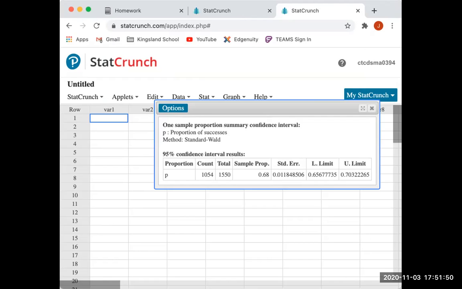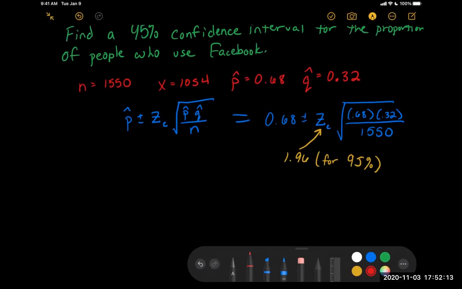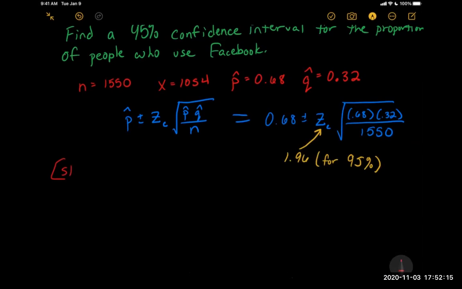L limit and U limit are the lower limit and the upper limit, meaning those are the two numbers that create our confidence interval, 0.6568, we'll call it, and 0.7032. So when I am writing that for my answer, I'm going to say for my work, I did StatCrunch to do the work.